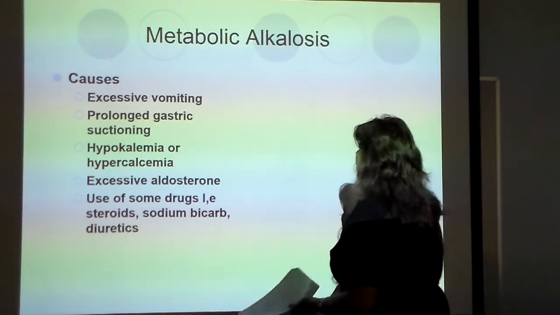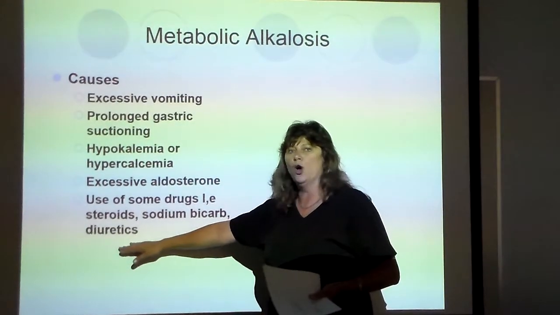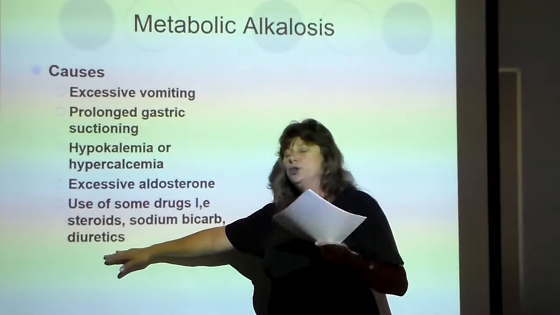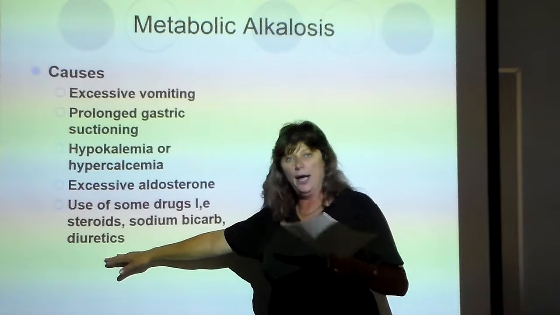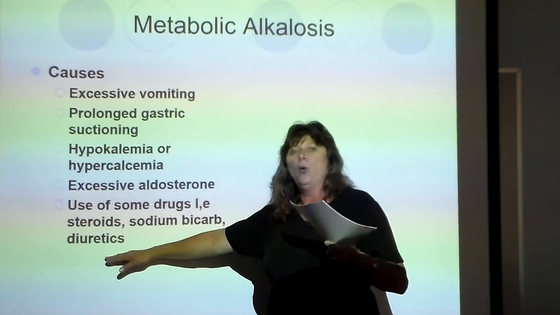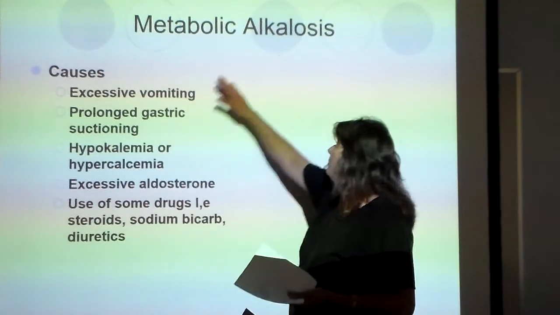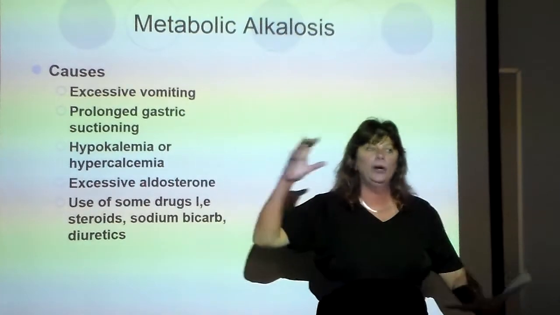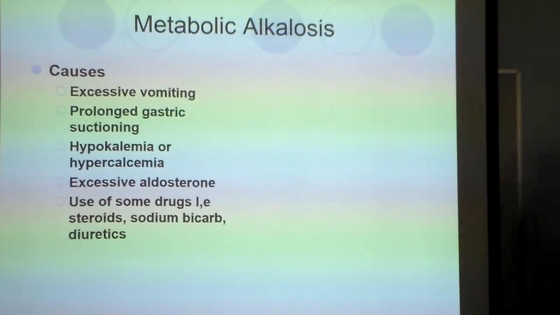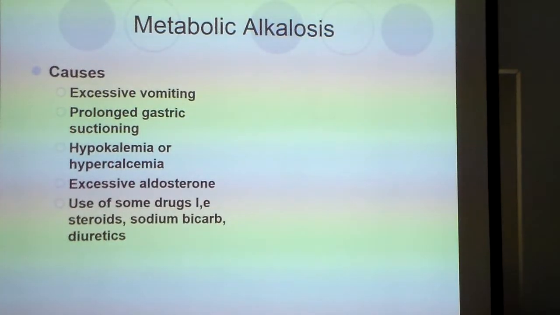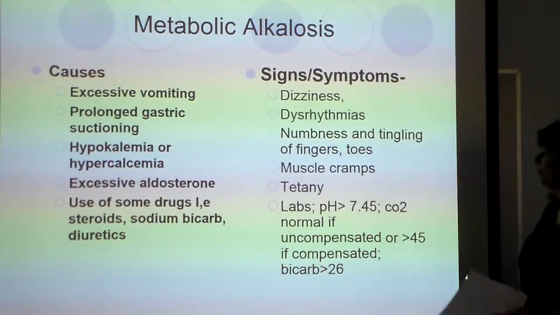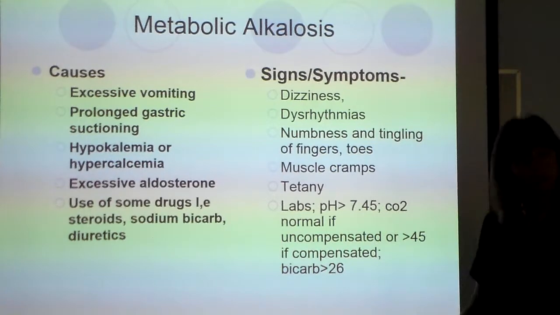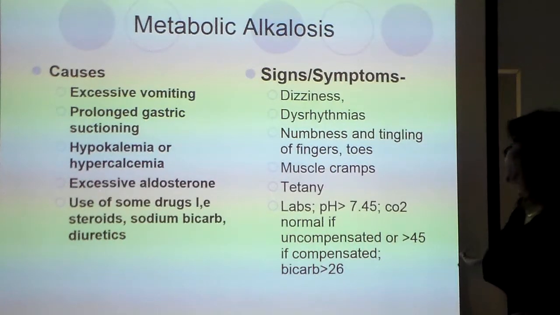We also see hydrogen ion loss with diuretics. We talked about hydrogen ions being acid. When we lose those, the body becomes alkalotic. We are off in that balance. With alkalosis, again, dizziness, dysrhythmias, numbness and tingling, that's almost all of them.